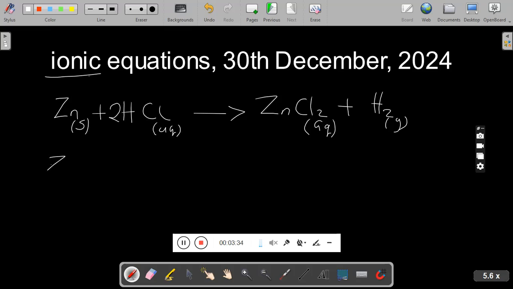So zinc is left just like this, solid. Now here we have aqueous, so we are going to split this into 2 H. Take note that the 2 here is for both hydrogen and chlorine.